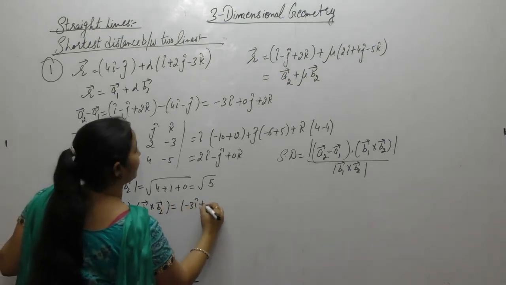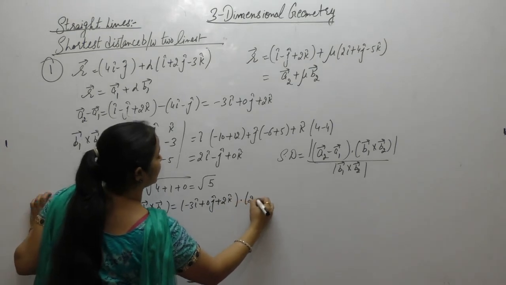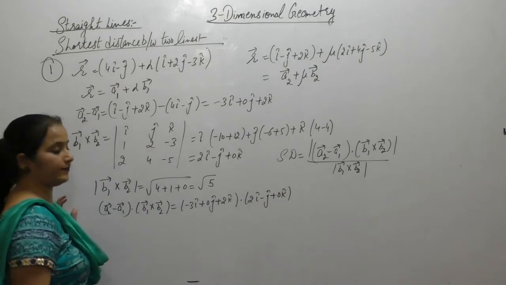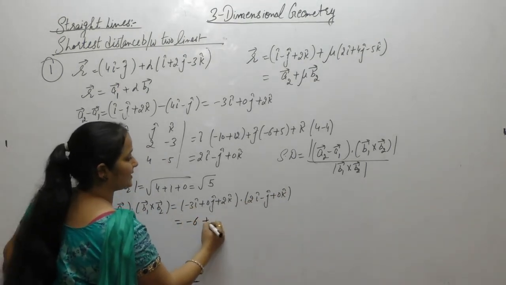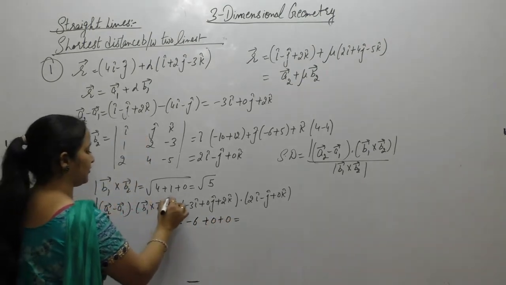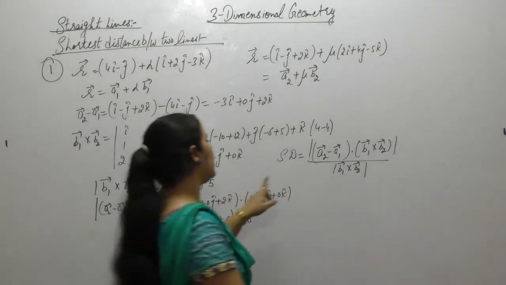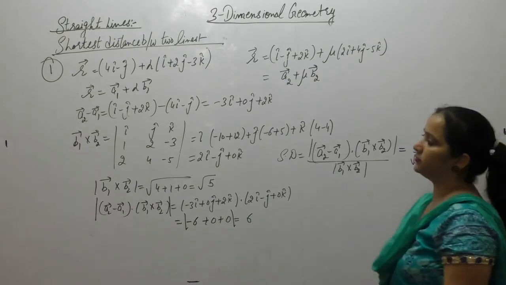Minus 3i plus 0j plus 2k dot product with 2i minus j plus 0k. I component with i is minus 6, j is 0, k is 0. Now we want the magnitude of this, so the term will be positive, that is 6. Now shortest distance is 6 upon square root of 5.